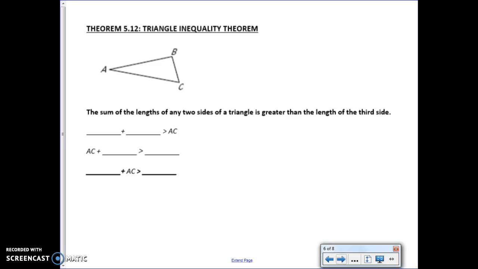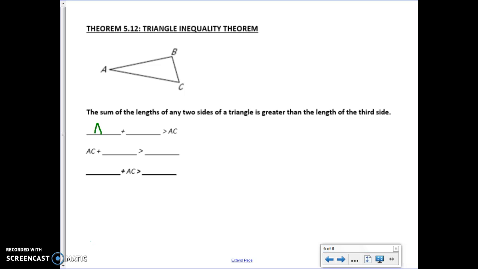So then we have what is called the triangle inequality theorem. We're going to do something with this in class, but what this says is that the sum of the lengths of any two sides of a triangle have to be greater than the length of the third side to be able to form a triangle. So if I want something greater than AC, I'm going to add up the other two sides.